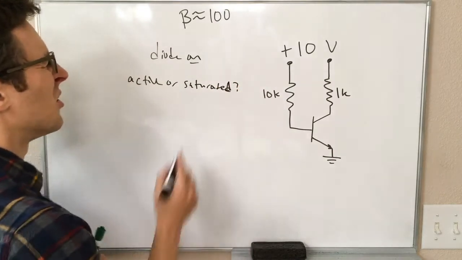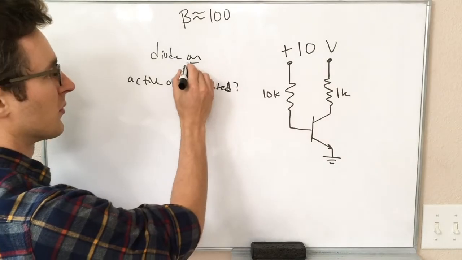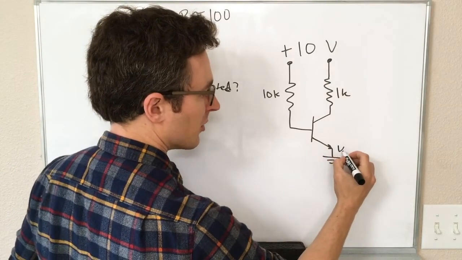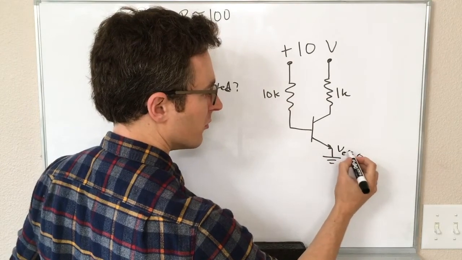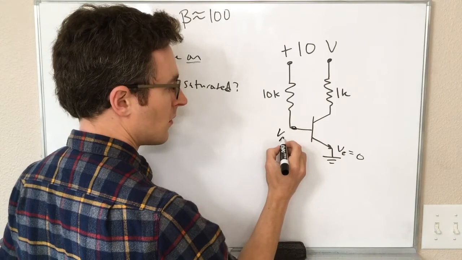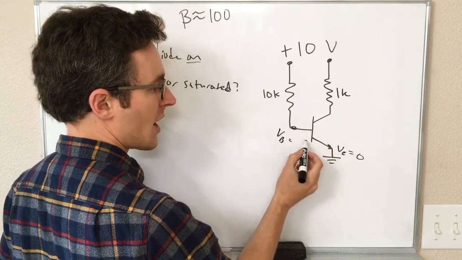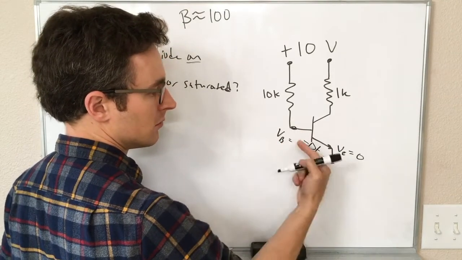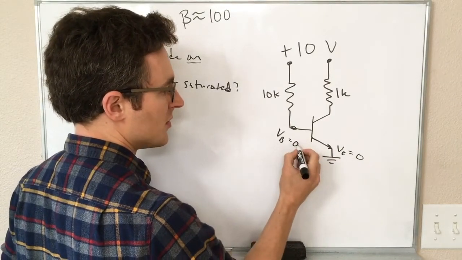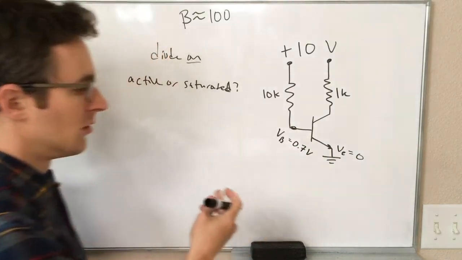Well, we don't need to know this to figure out a couple other things. If our diode is on and this emitter voltage is 0 volts, then we know that our base voltage has to be 0.7 volts higher than that, because we're going across the diode in the upstream direction. So VB is 0.7 volts.